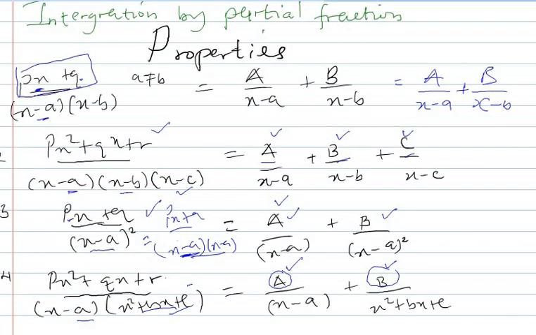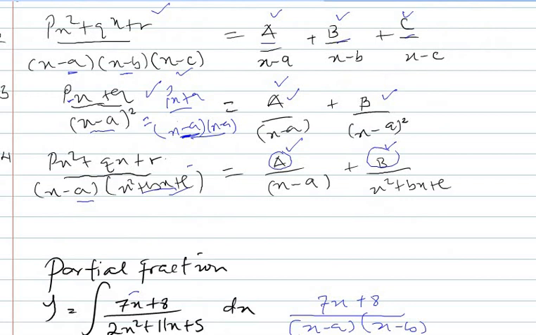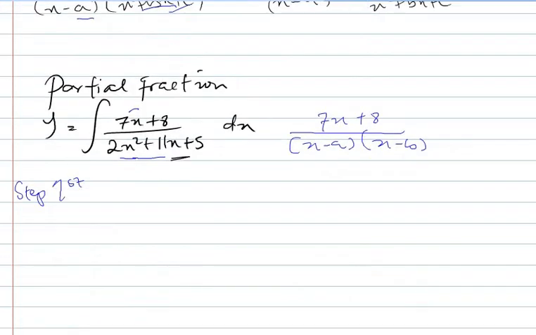Since at the numerator we have a linear expression, we have the integral of 7x plus h at the top, and at the denominator we have a quadratic, so we can factor it. We have 2x squared plus 11x plus 5.